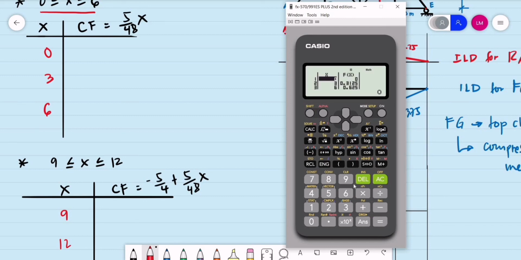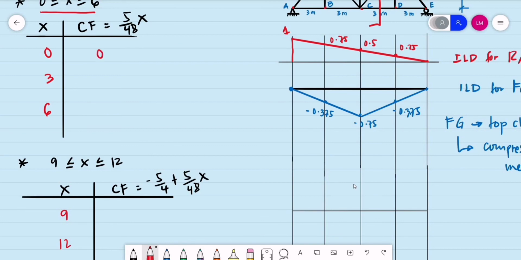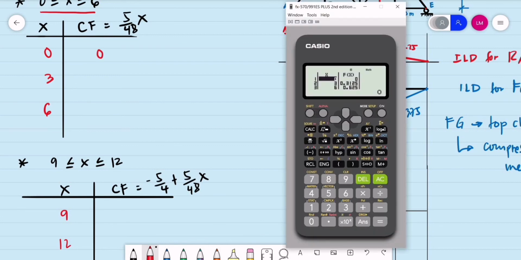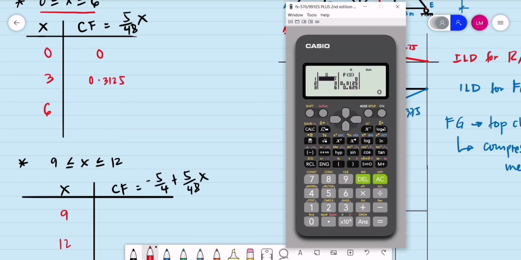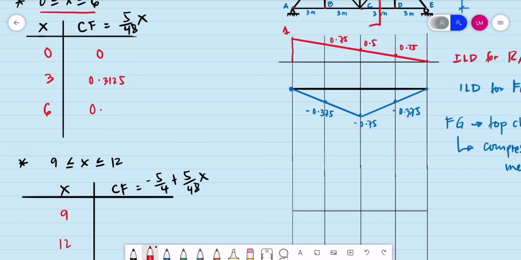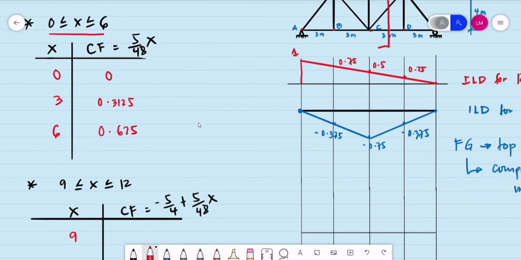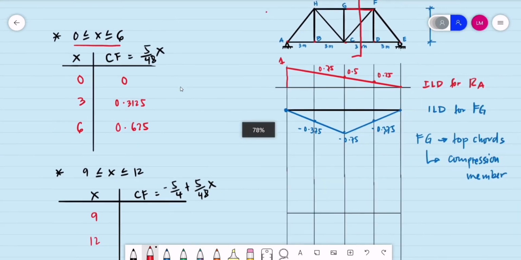So at x equal to 0, the value of the ordinate will be 0. At x equal to 3, that is positive 0.3125. Then at x equal to 6, that is equal to positive 0.625. So these are the ordinates of the ILD for the interval 0 to 6.